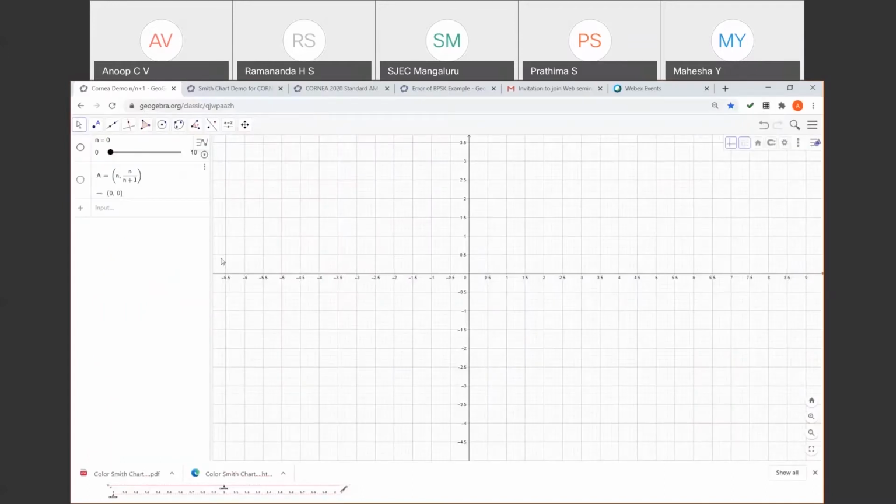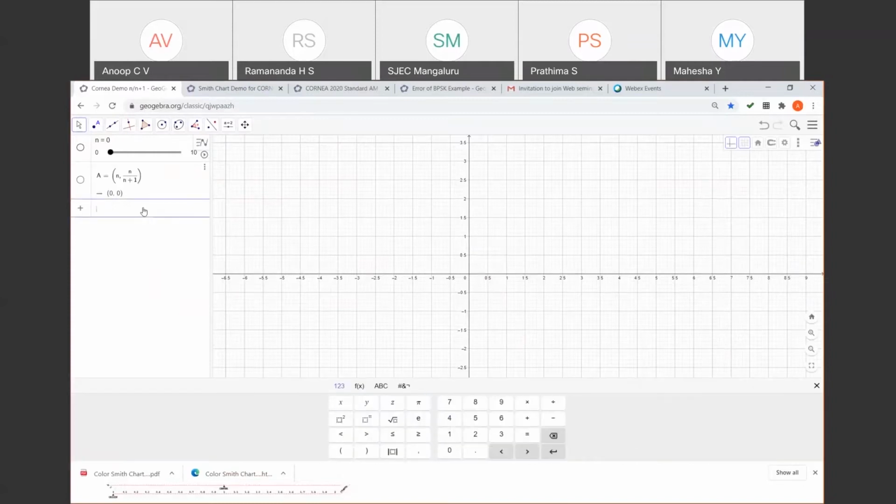In GeoGebra, you can just type in x by x plus 1 and then press enter. But here it's considering the entire range of x from minus infinity to plus infinity, so I would like to limit it.